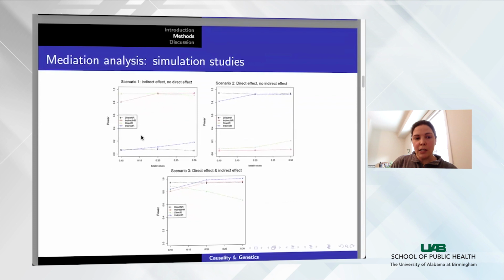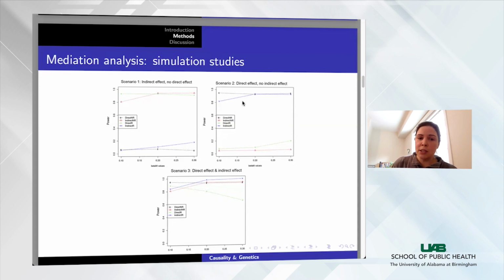If we do that, then we see that we have an indirect effect, this red line, if we correctly specify the mediator and the outcome. But if we incorrectly specify the mediator and the outcome, switching the roles, then we see a direct effect but no indirect effect, this blue line. We see no direct effect, the black line, if we correctly specified. So essentially they switch. You'll think that there is an indirect effect if you correctly specify the mediator and the outcome, but if you incorrectly specify, you'll think there is a direct effect.